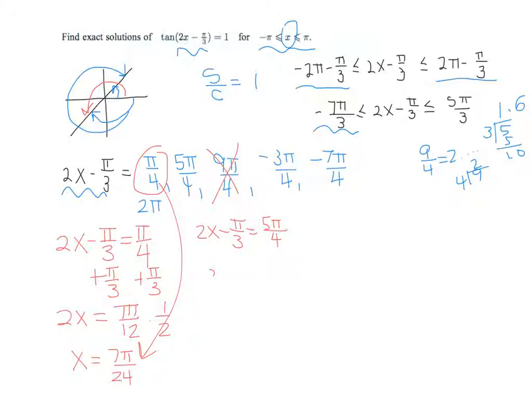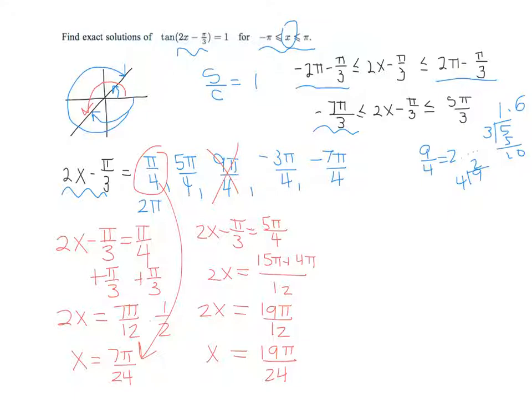Adding pi over 3 on both sides, this would be over 12, 15 pi plus 4 pi, so that would be 19 pi over 12. So dividing by 2, which is the same thing as multiplying by half, you get 19 pi over 24.